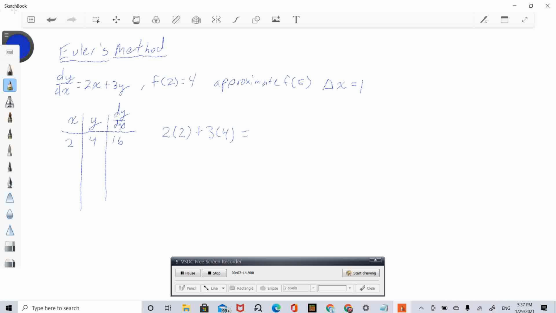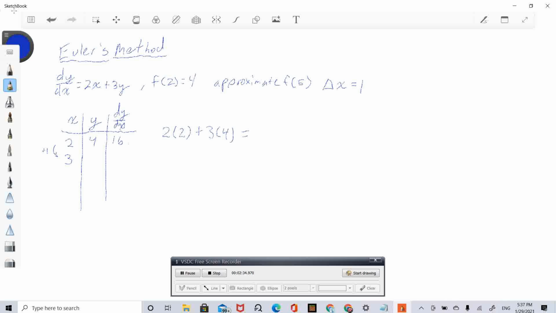Now let's keep our approximation going and increase our x value by 1. Let's find an approximation for this function at x equals 3. So this is the slope at the point x equals 2.